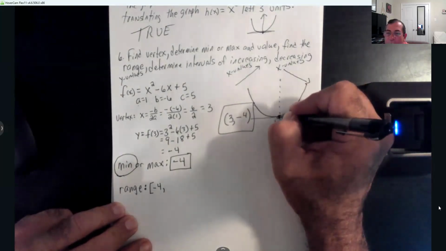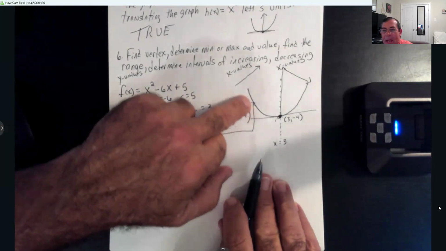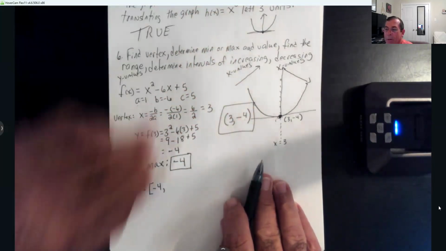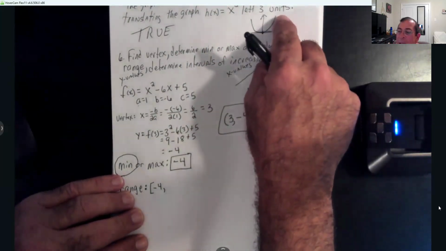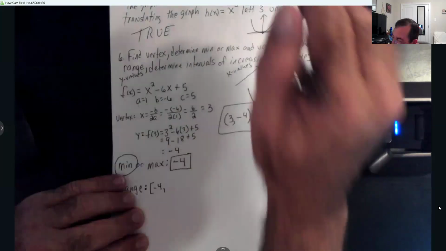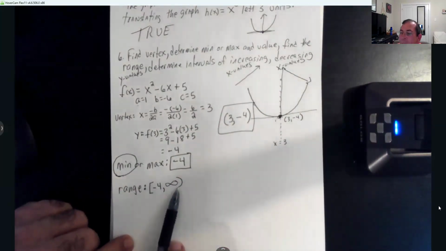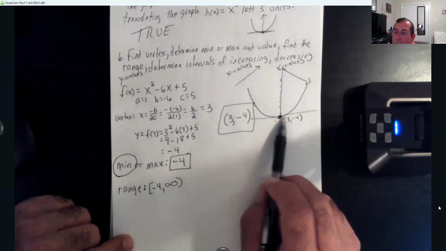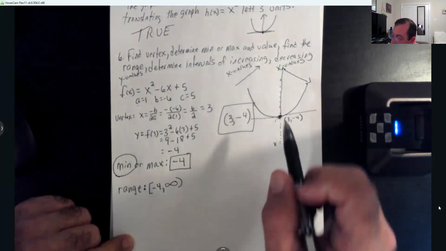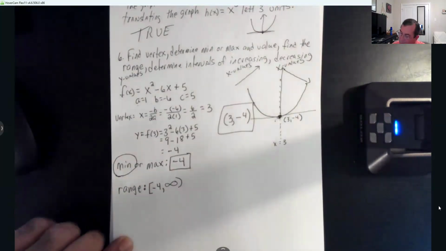If this is the minimum y value and the y values are headed upwards, this graph goes on forever upward. Well, on the y values, if you're heading upward, we say you're headed towards positive infinity. Now, infinity always has curves, just like we used on our interval notation last week. So y'all, the range on this one, the smallest y value was negative 4, and then it's headed towards positive infinity. All righty.